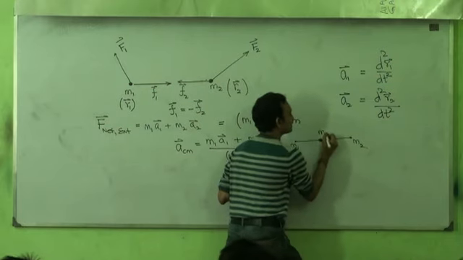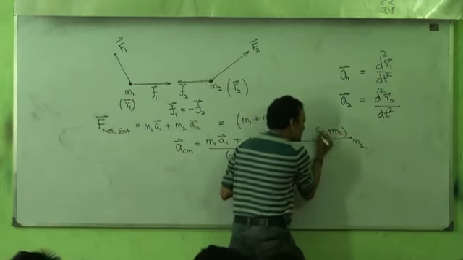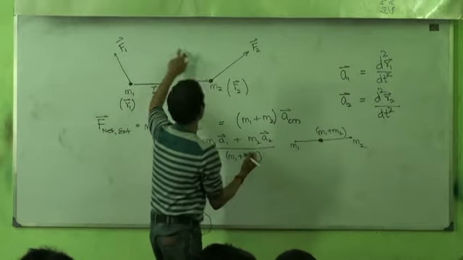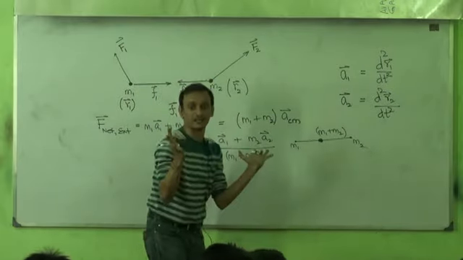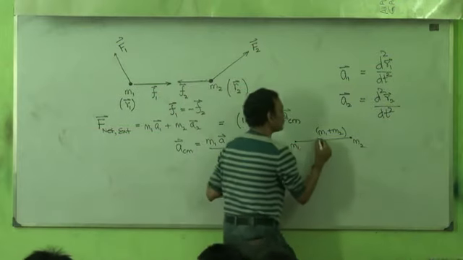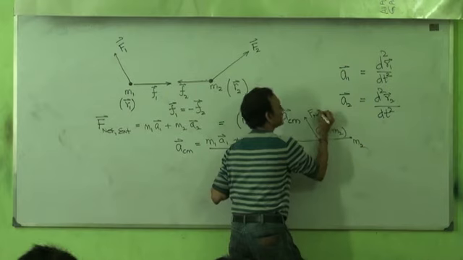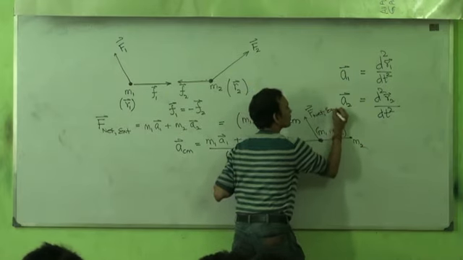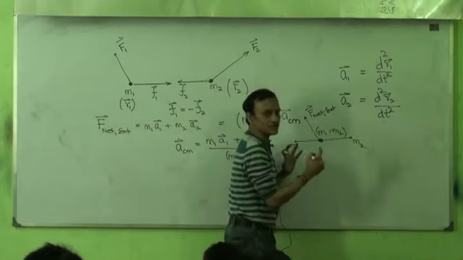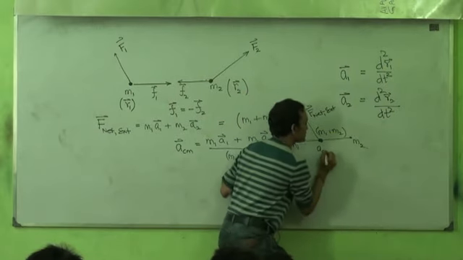of mass m1 plus m2, and when this notional particle is being acted upon by a force F1 plus F2, which is like an F net external, it produces on m1 plus m2 an acceleration ACM.